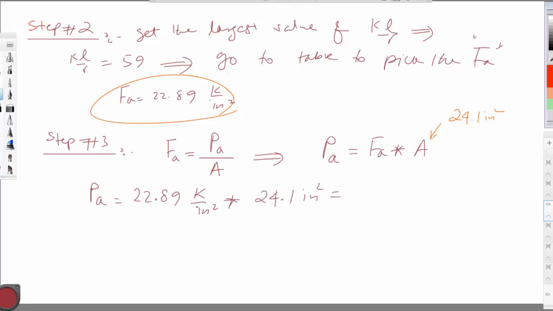Inch square and inch square will cancel, so we'll be left with kips. 22.89 multiplied by 24.1 is equal to 551.64 kips. So that's the answer for this example.